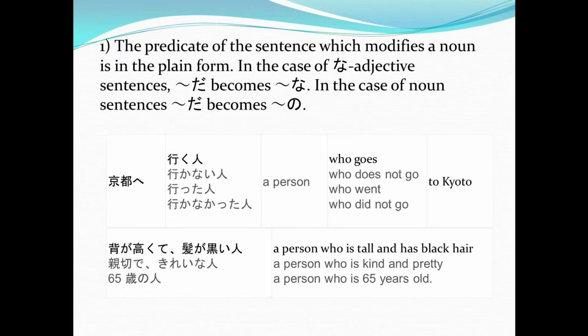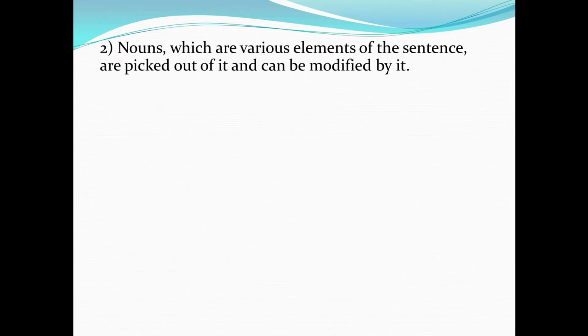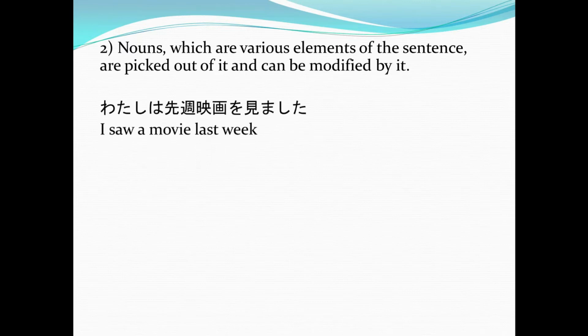Now, another way of making noun modifiers is when the nouns, which are various elements of the sentence, are picked out of it and can be modified by it. Listen to these examples. Typically, when we want to say I saw a movie last week, based on our previous lessons, it's watashi wa senshu eiga o mimashita.